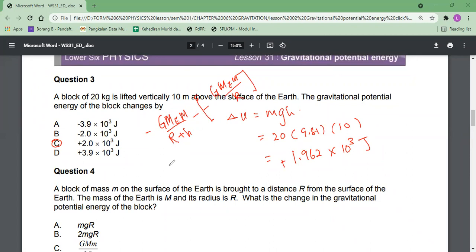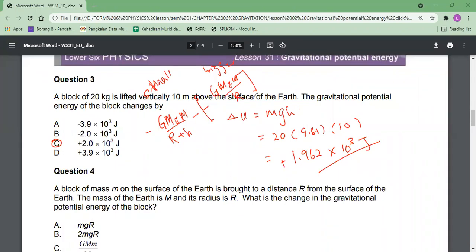So at the end it becomes positive. This value will be small, this will be bigger, positive minus negative. So the change of the gravitational potential energy will be a positive value at the end if we lift an object further above the Earth's surface.